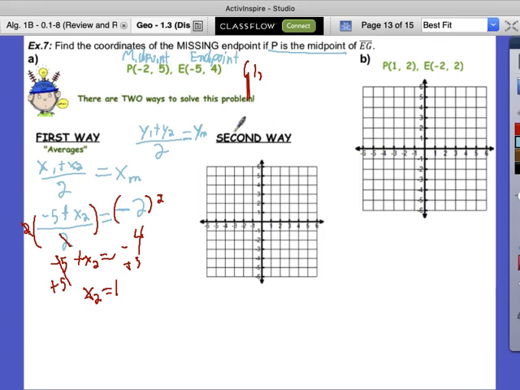The y value of an endpoint is 4, so I can plug that in, plus my other y value, which I don't know, over 2, is going to be equal to the y of the midpoint, which is 5.